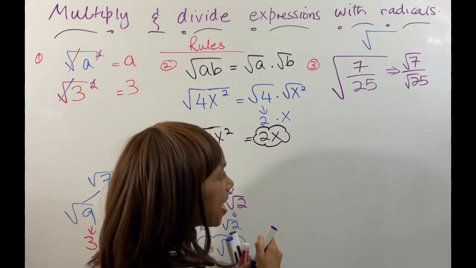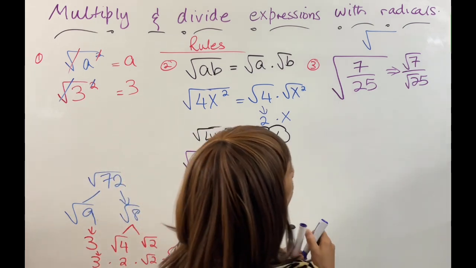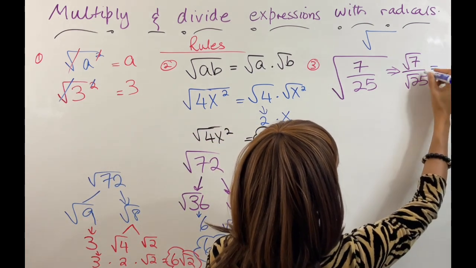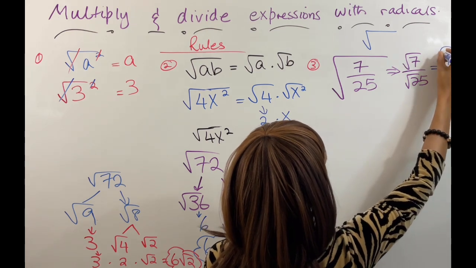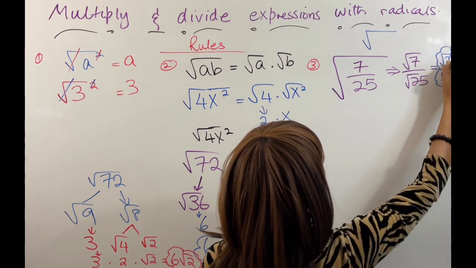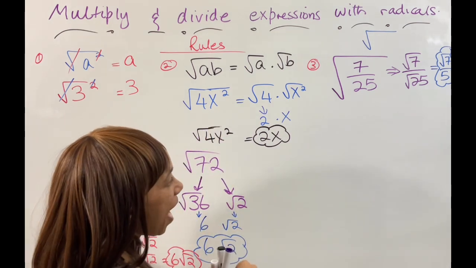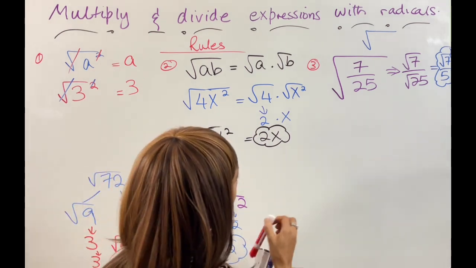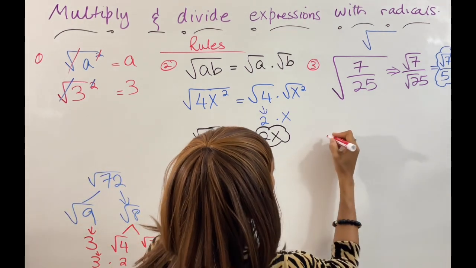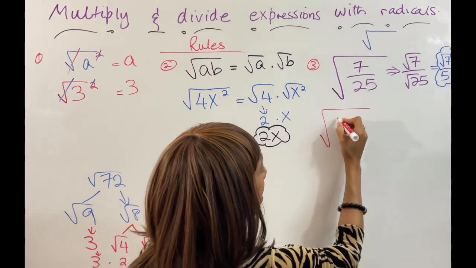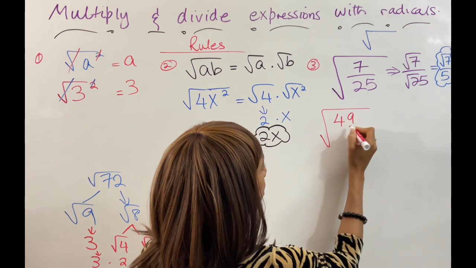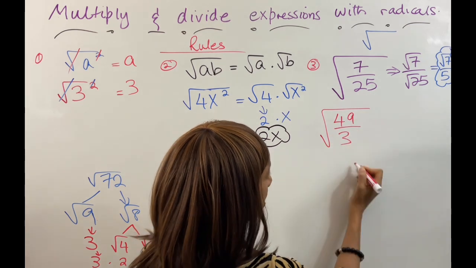We know radical 25 is going to be 5, and the square root of 7 just remains, and this is your answer. But you may have a different situation where you will have to simplify radical 49 over 3.